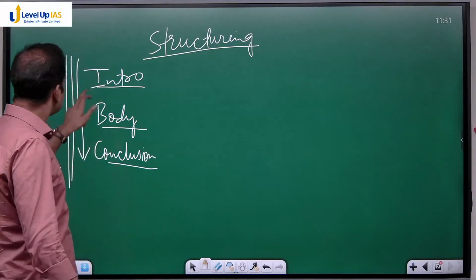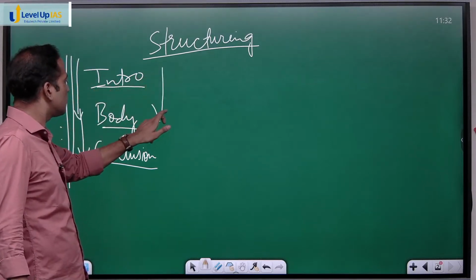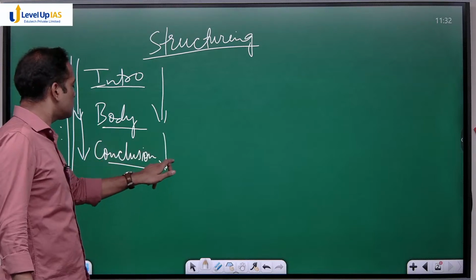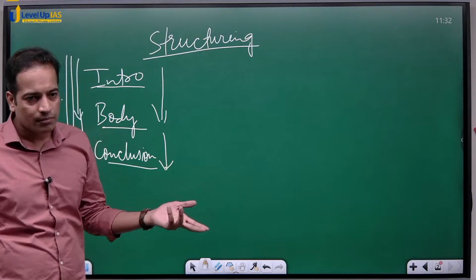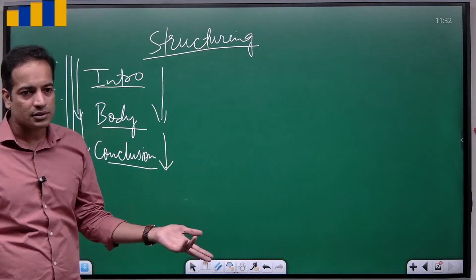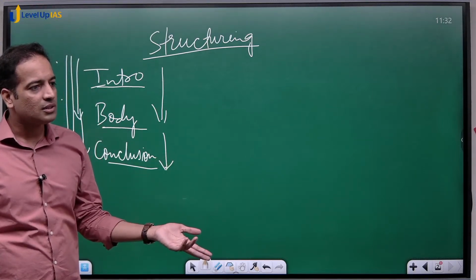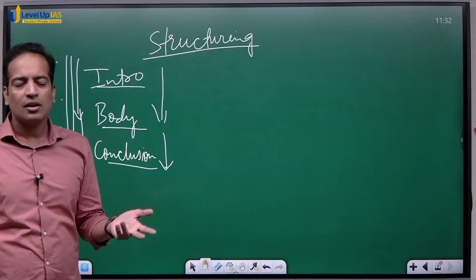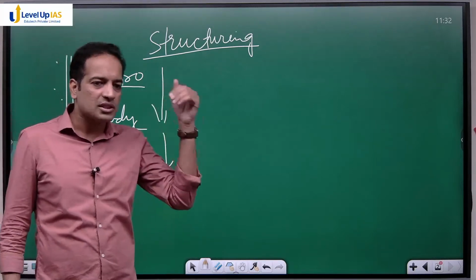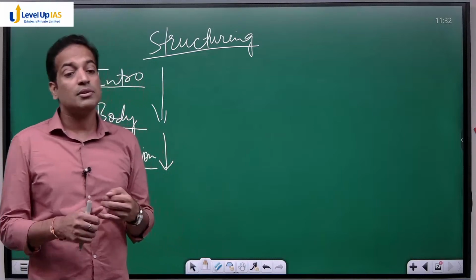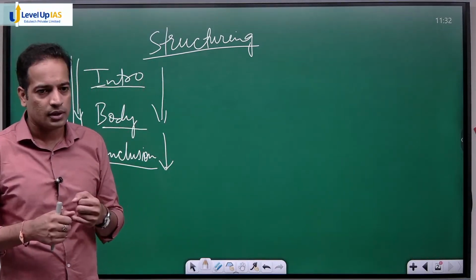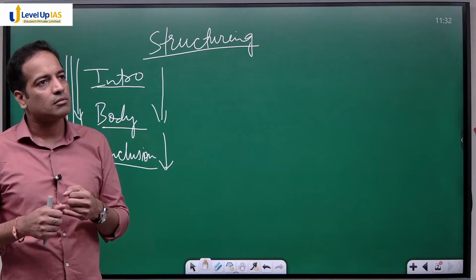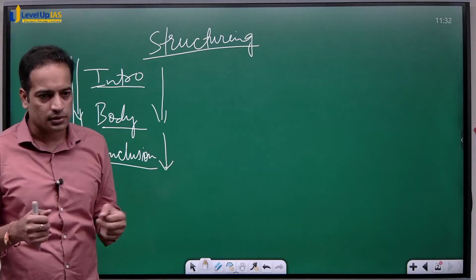Or suppose this portion was very good, but coming down you have written something that is too extreme, politically biased, or some very harsh argument that cannot be thought of by a sane minded person.